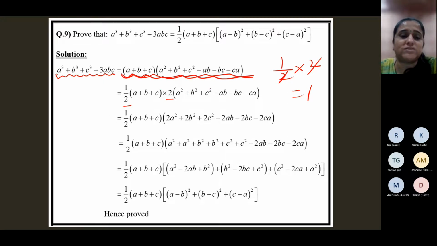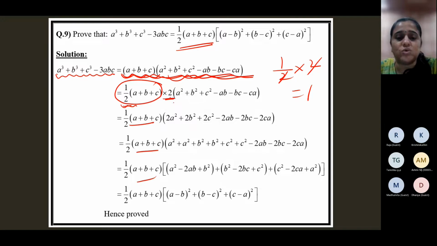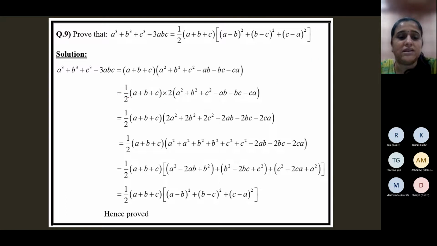So we multiply the first part by half and the second part by 2. We retain this half of (a plus b plus c) as it is, because that's what you need here, and use 2 with every term inside the bracket. Now, if you cancel that, you'll go back to the first step.